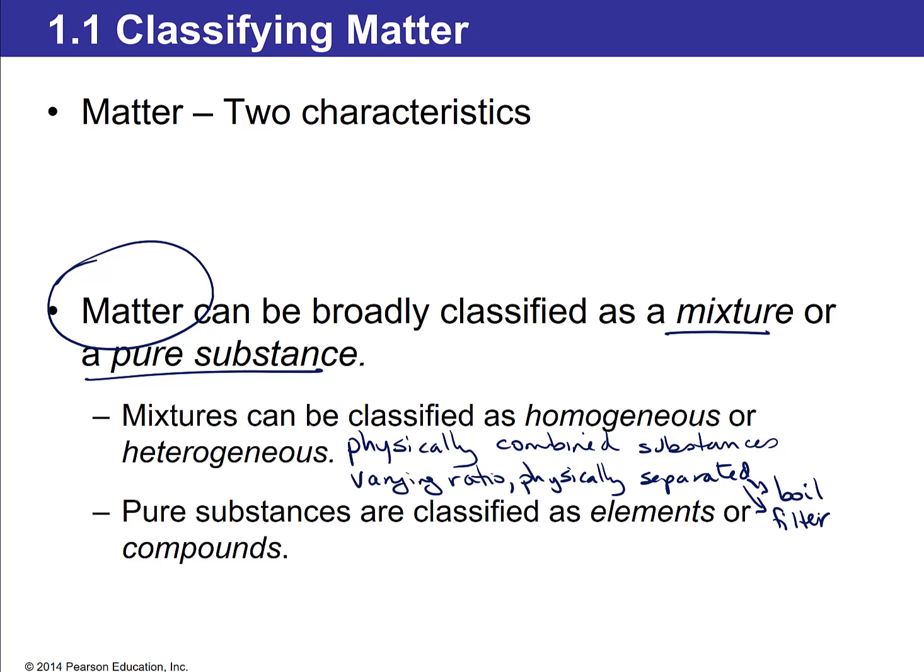Pure substances are made of a single unit, whether it's made of one element or two or 5 or 10, they are combined in a fixed ratio. They're chemically combined.